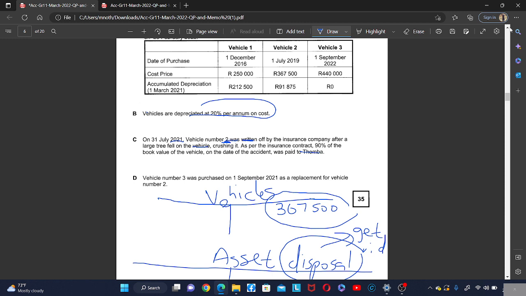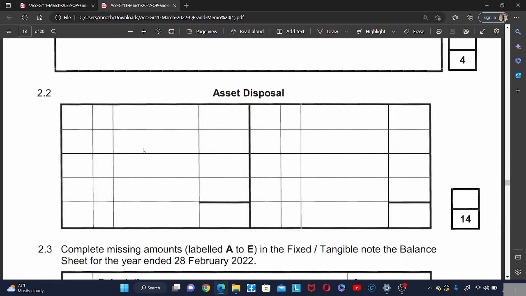So they decrease on the credit side with an amount of 367,500. This is transferred to the asset disposal. If something is recorded on the credit side, it must also be recorded on the debit side. So let's go and record on the debit side.